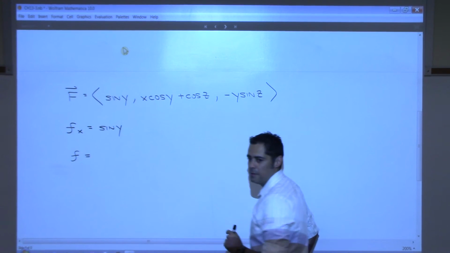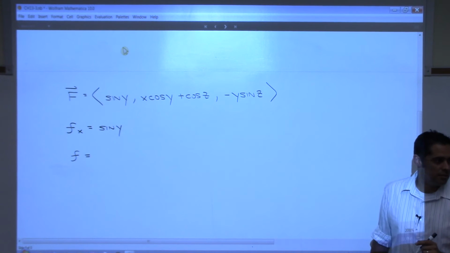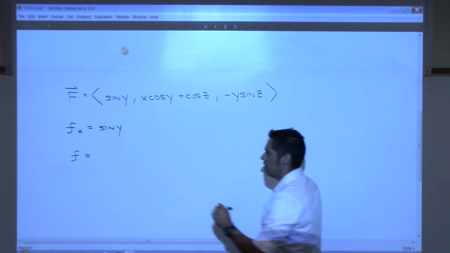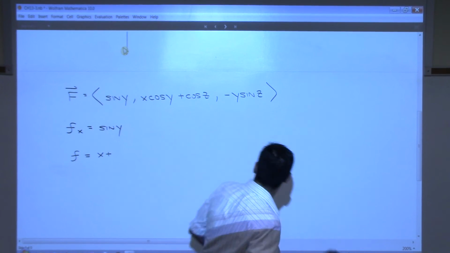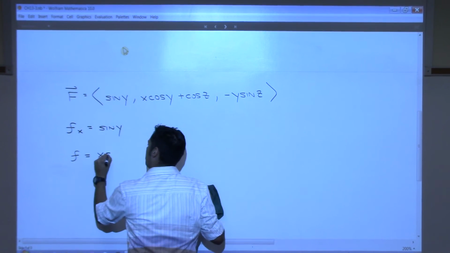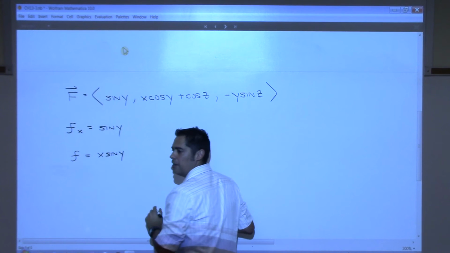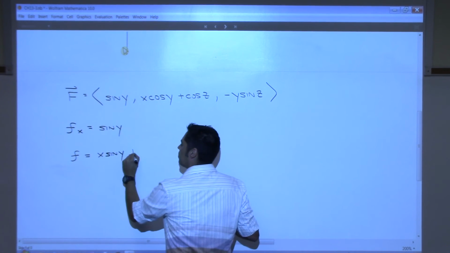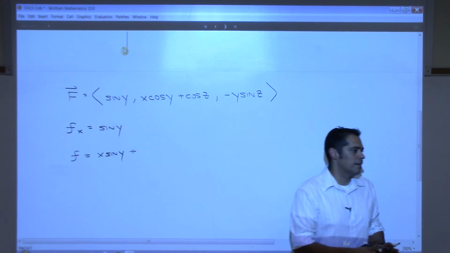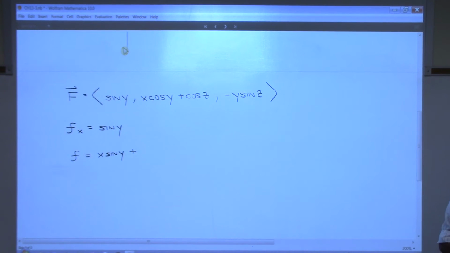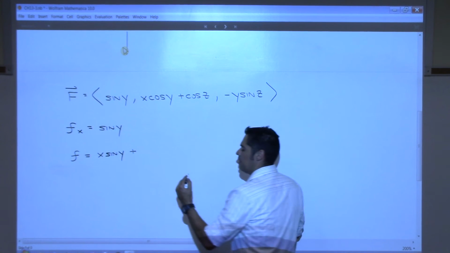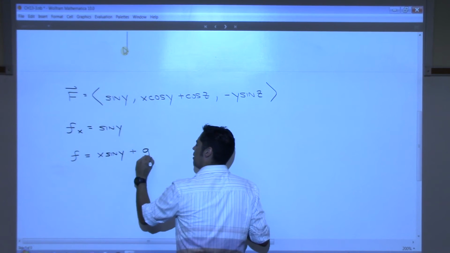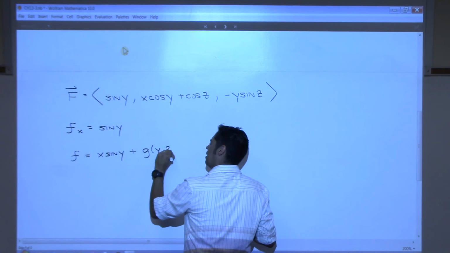What is the antiderivative of sine of y with respect to x? X sine y. X times sine y. Everyone agree? Plus, potentially here, y's and z's that are mixed up somehow. So I put here what? Maybe g of yz.